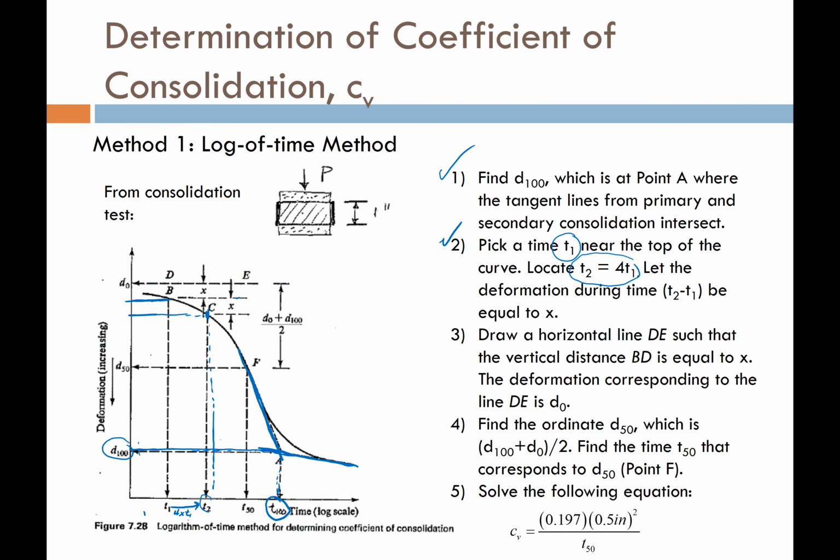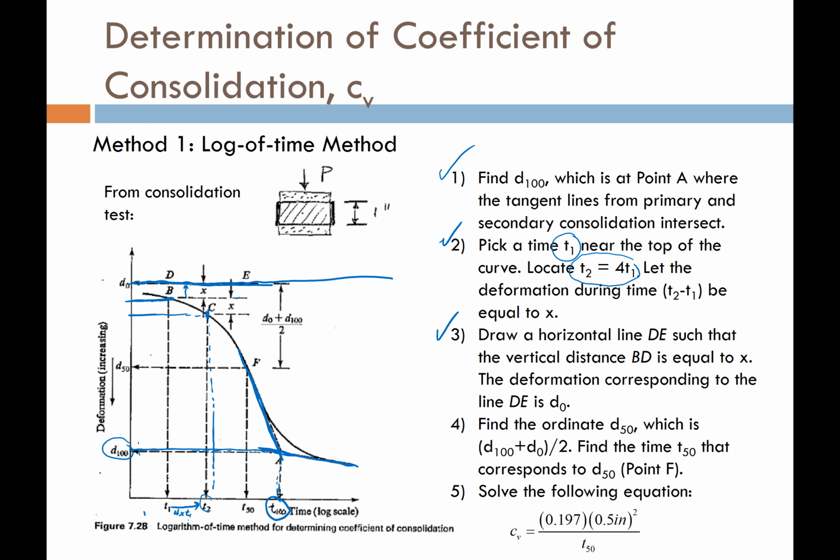Okay? Step 3, we're going to draw a horizontal line, DE, all the way across our plot. That line is going to be the same distance x above point B. Remember, point B corresponds to T1, but instead of going x below, now we're going to go x above.